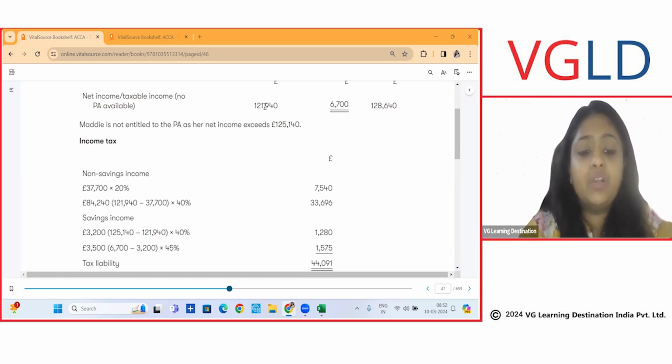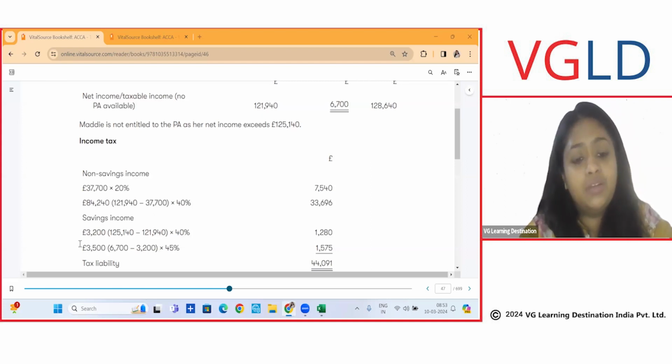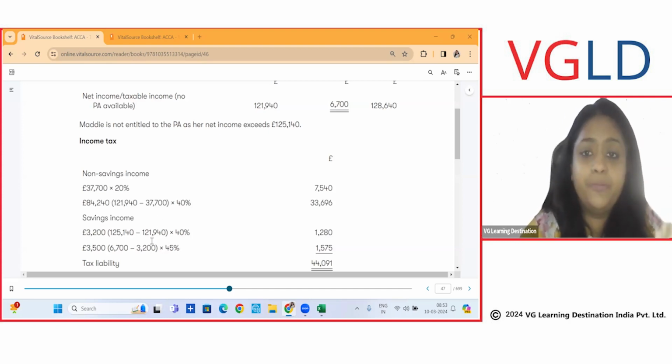The rate band is still 125,140. We have just put to tax 121,940. So the remaining, that is 125,140 less 121,940, the difference is still a part of the higher rate band. So that will be taxed at 40%. And the remaining would be taxed at 45%. I hope you are clear.